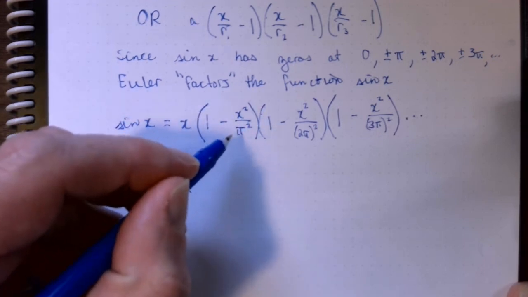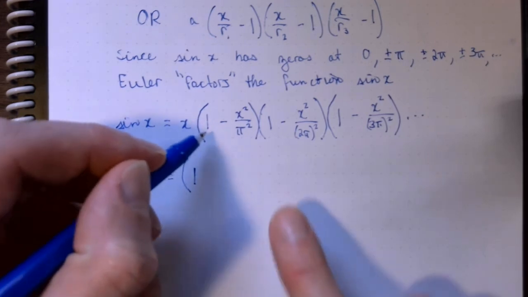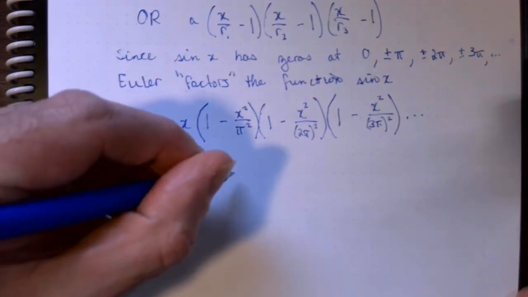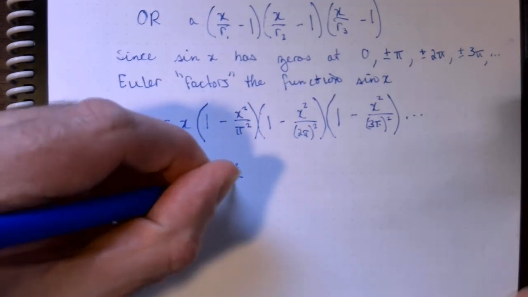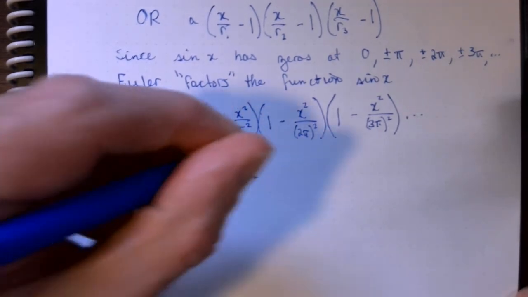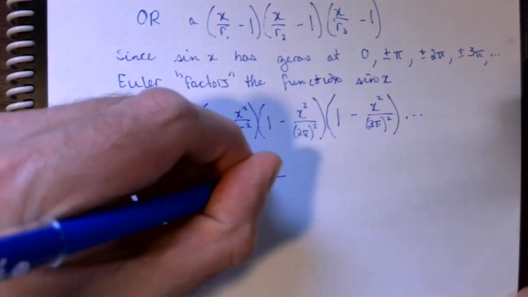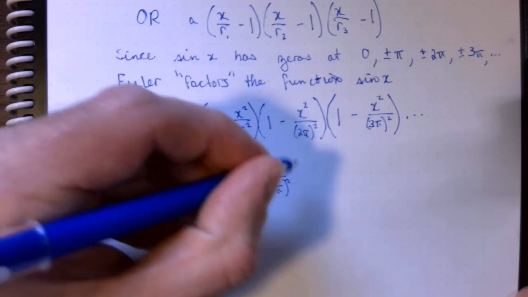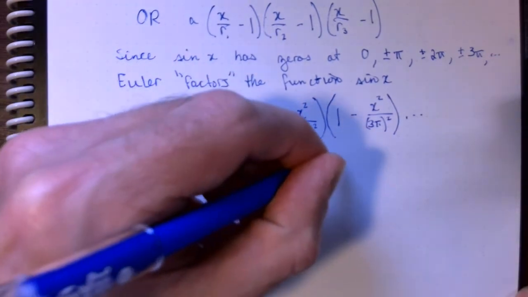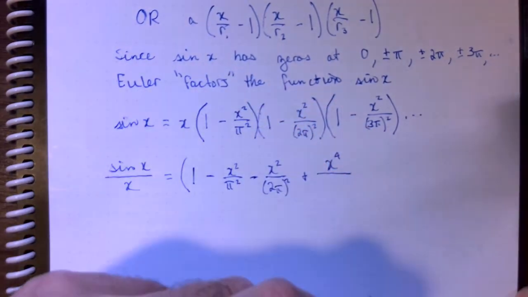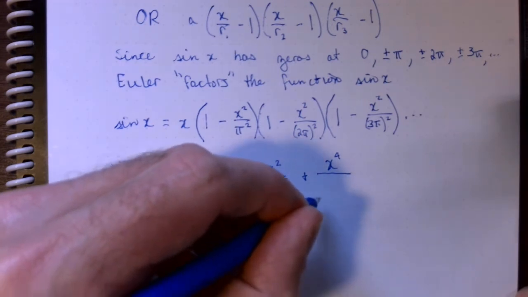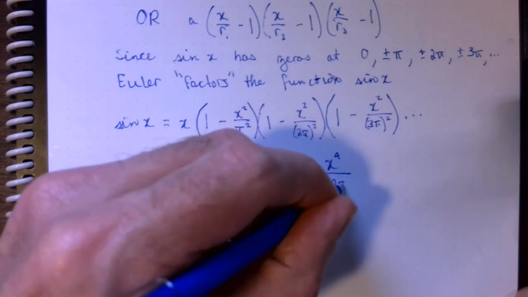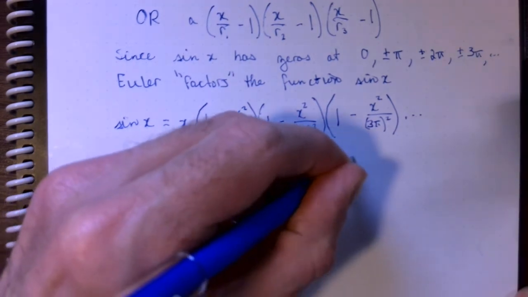Okay, well, if I do first times first, I get 1, then a minus x squared over pi squared minus x squared over 2 pi squared, and then I guess I would get a plus x to the 4th over pi squared times 2 pi squared.